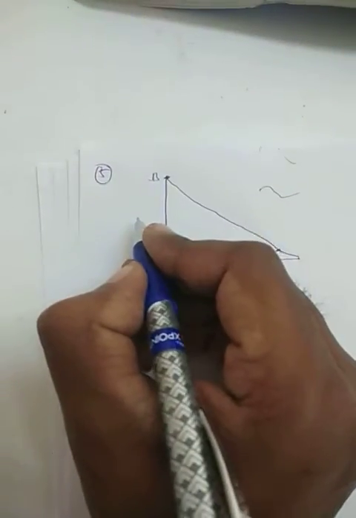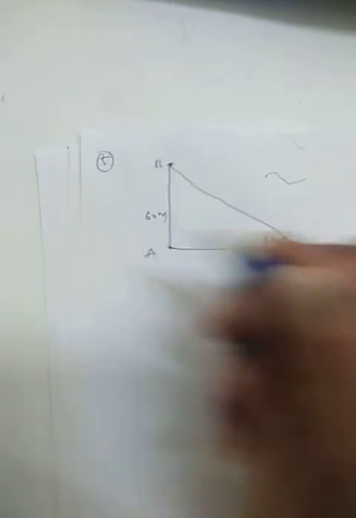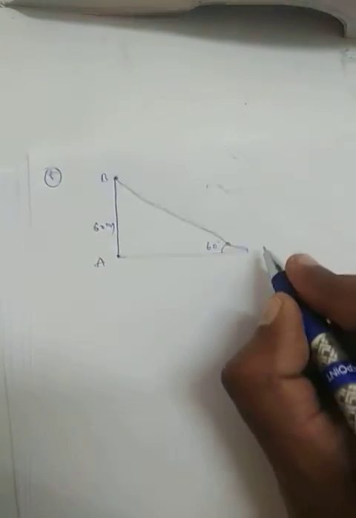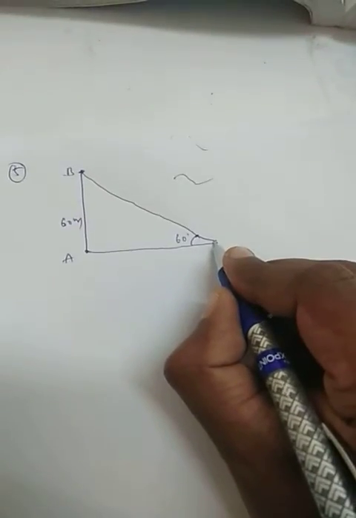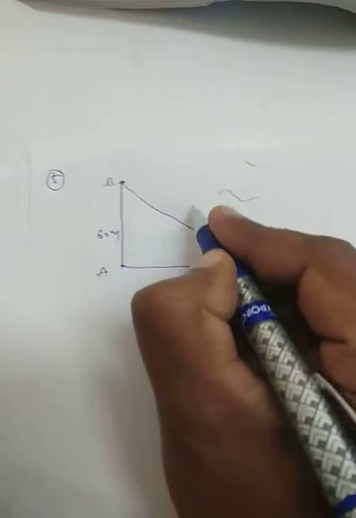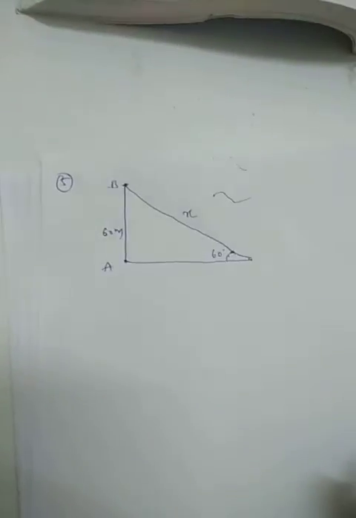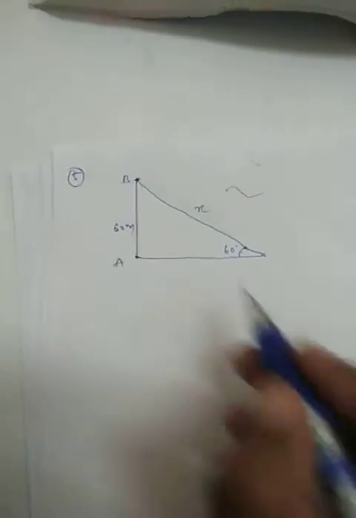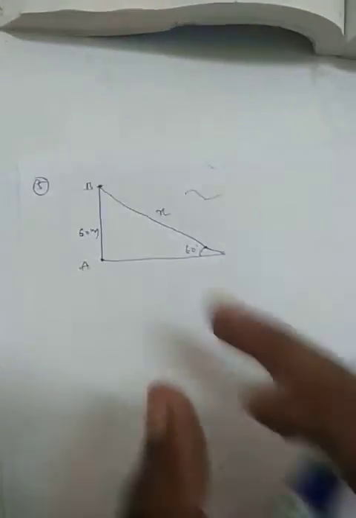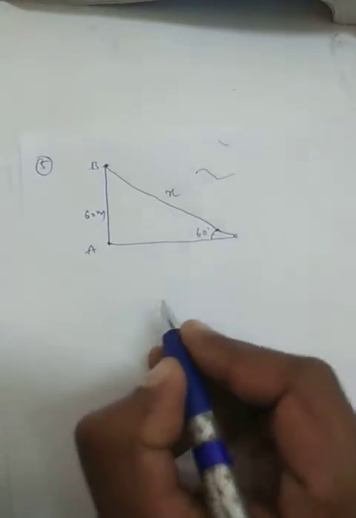That means the height of this one is 60 meters. The string is attached to the kite, temporarily tied at a point on the ground, making an inclination on the ground of 60 degrees. Find the length of the string. This is the string actually. We need to take this length of the string as x, assuming that there is no slack in the string. Once again I am telling, it will be stretched in a straight way and there should not be any bending, something like that.